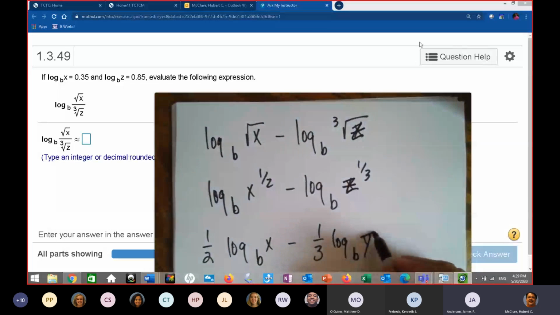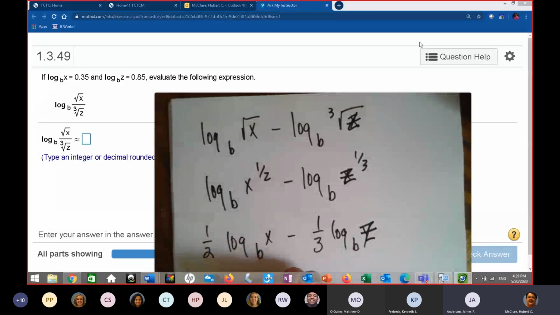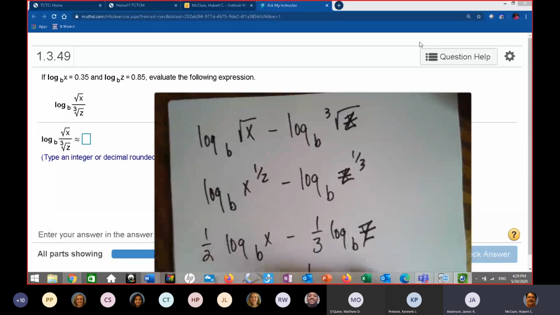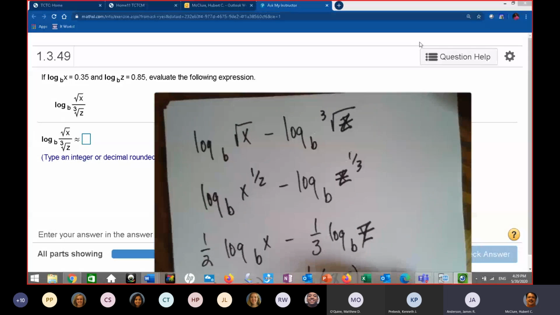And now, what is log base b of x? 0.35. And what is log base b of z? 0.85. Somebody do that math for me and give me 4 digits.